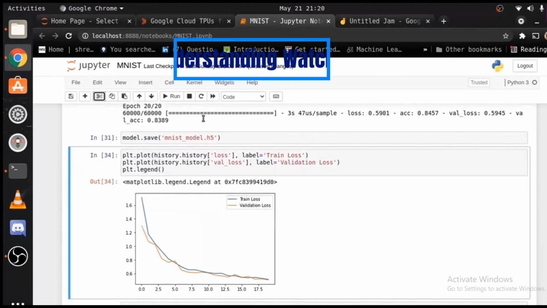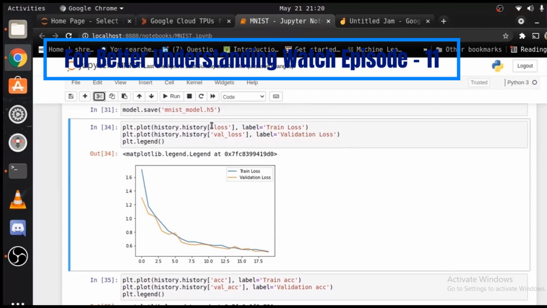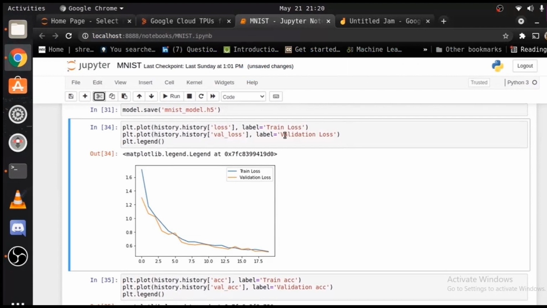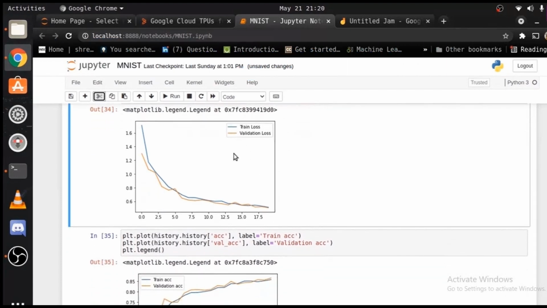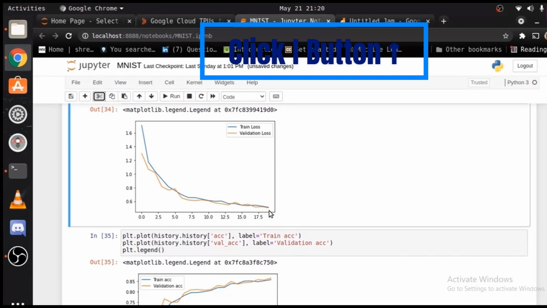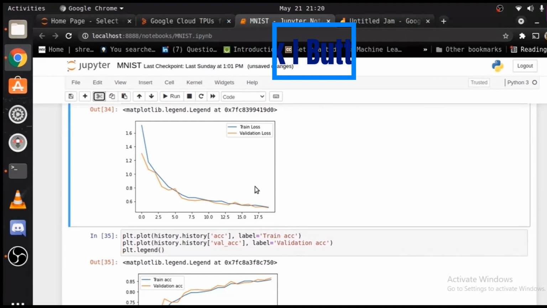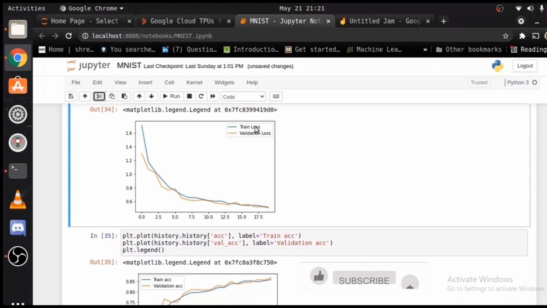Okay. So what we can do is we can plot the losses and validation loss. So why do we do this? If you might have remembered, this is usually done to check whether our model is underperforming or overperforming. So that means whether it is overfitting or underfitting. So here you can see since the validation loss and the train loss, the graphs are very close to each other.